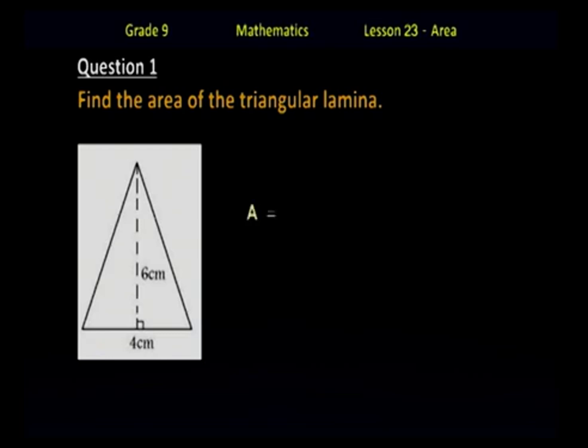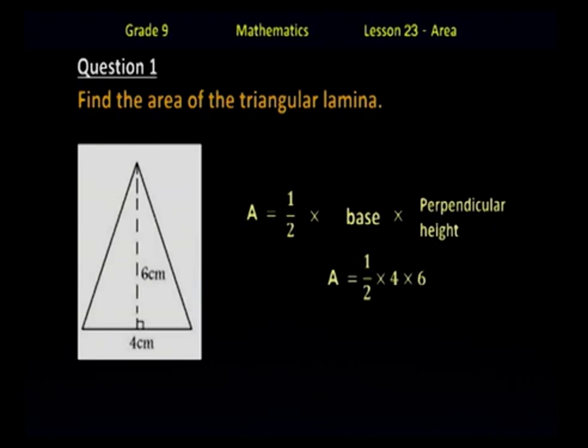To find the area, half into base into corresponding perpendicular height. Then substitute the given values. Area is equal to half into 4 into 6.